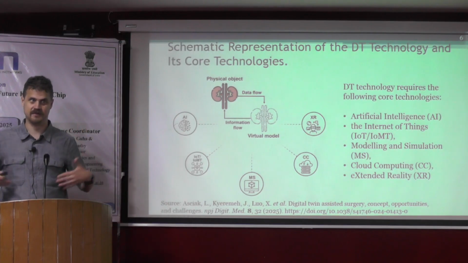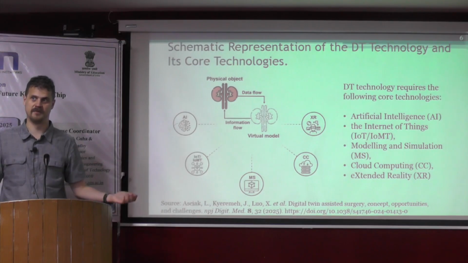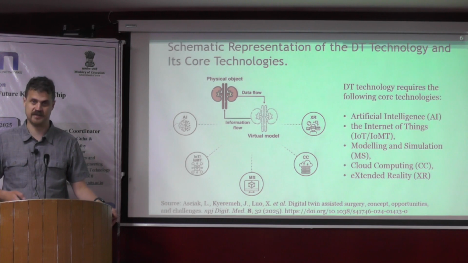And every single system is interconnected with each other. And if we talk about the digital twin of a human body, it's basically a very time-consuming and very data-hungry process.